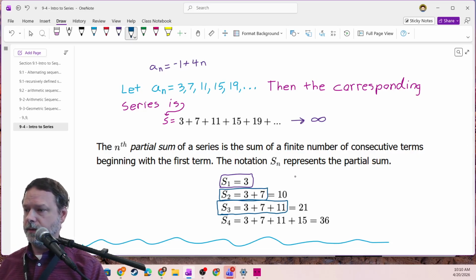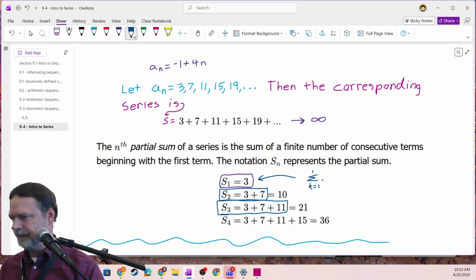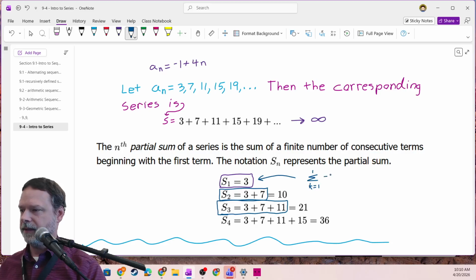One way to represent the first would be the sum from k equals 1 to 1, so just one term. It's kind of a silly thing to do. Anyway, k equals 1 to 1 of negative 1 plus 4n.